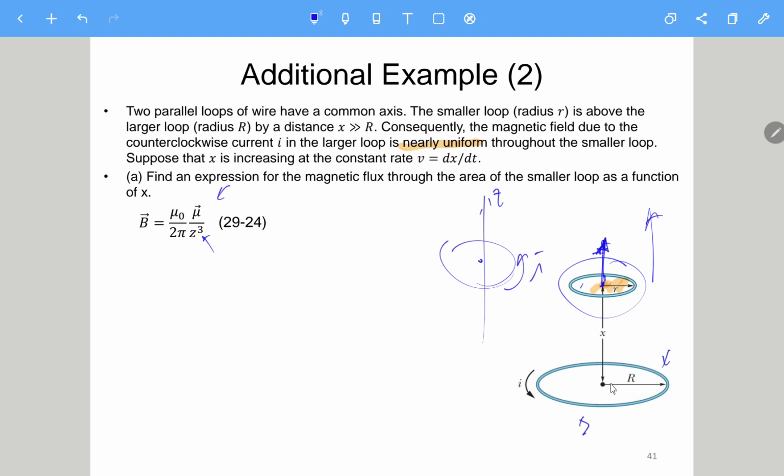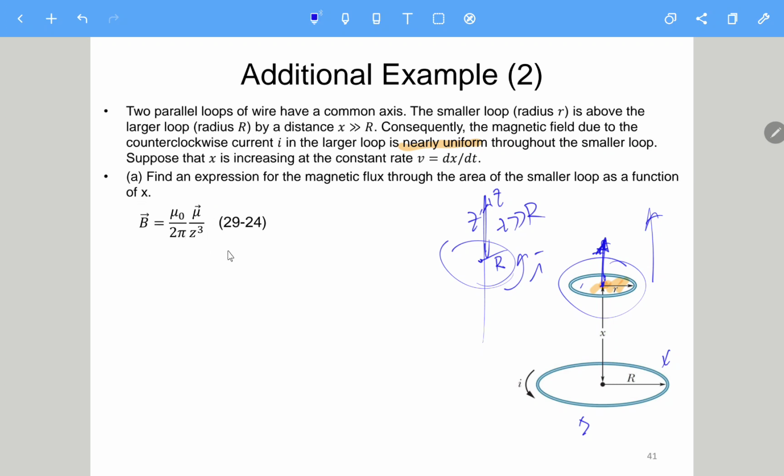Here we have the axis to be x, so we just change z to x. At that time we assumed this is r, and this is z. If z is much larger than r, we can do some simplification, making it look like this. Otherwise, in the denominator, it will have the square root of z squared plus r squared, to the 3/2 power. But here we assume that z is much larger than r, so the expression simply looks like this.